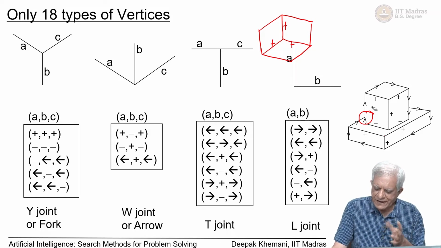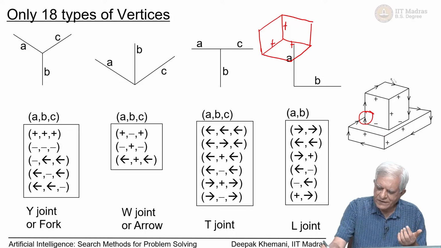And then there is the L junction where only 2 arrows meet in the line drawing. So, for example, here is an L junction, and L junctions can be labeled in these 6 possible ways. So, we have 6 plus 6 plus 6 plus 3.